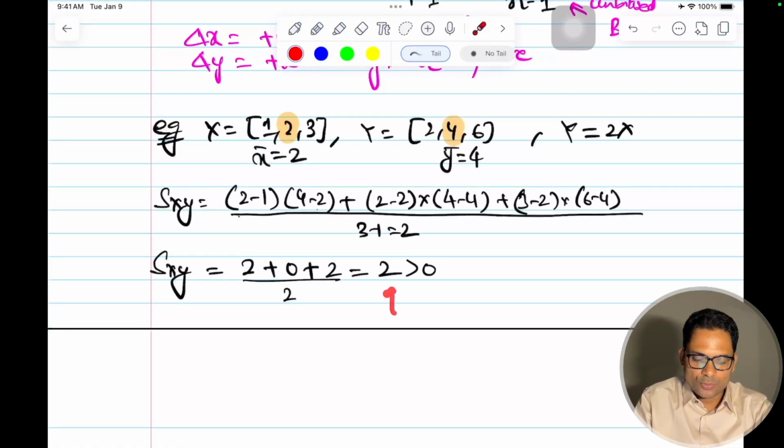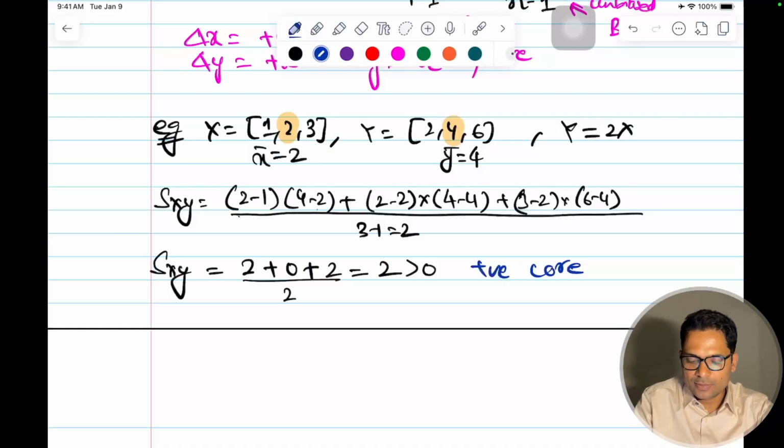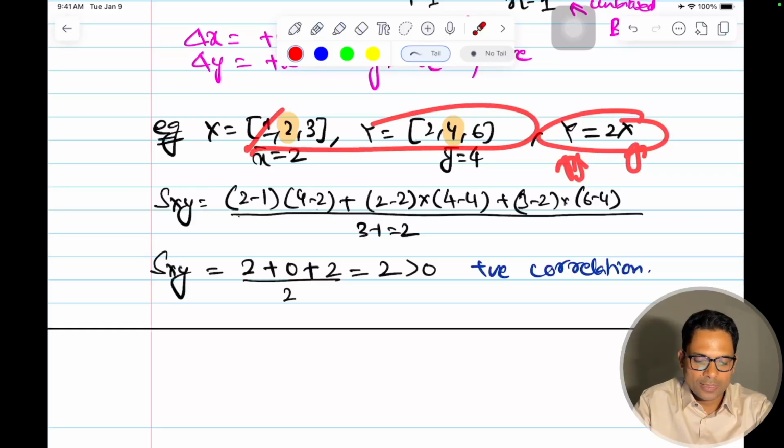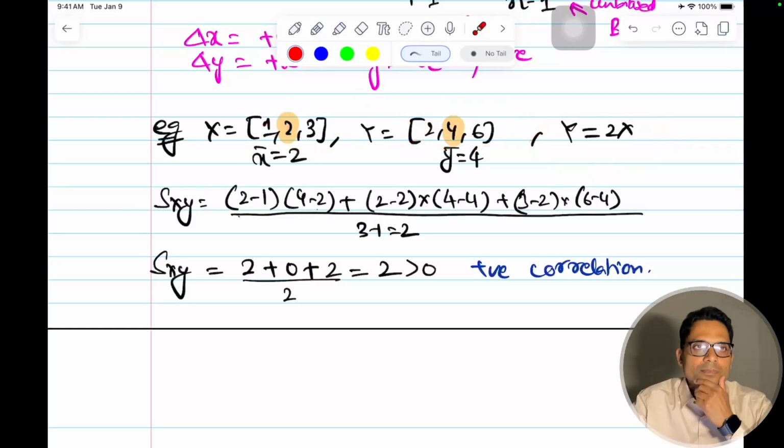The magnitude doesn't matter here; it just tells me whether it is positive or negative. This means positive correlation, and that's what we see here, that y is equal to 2x. If x increases, y will also increase. It's just a double of this. I hope this is clear.